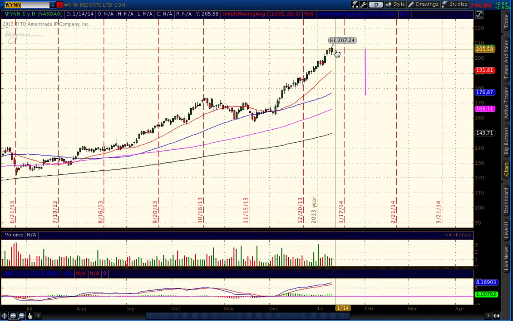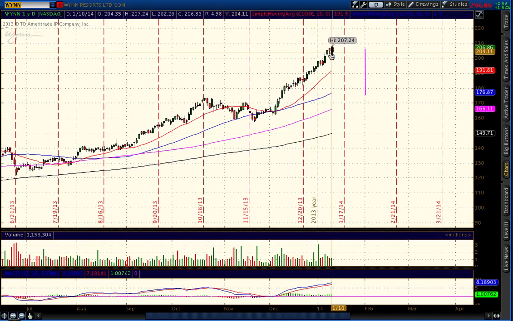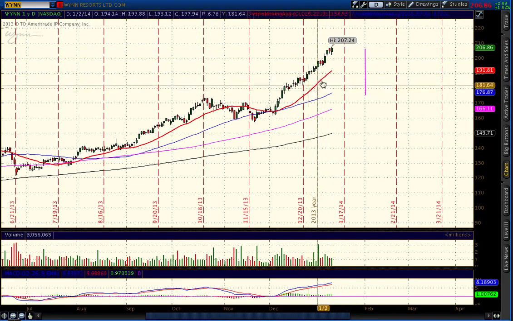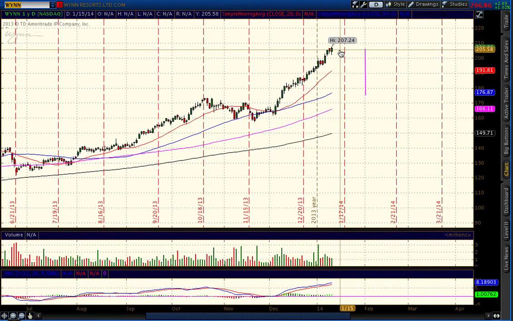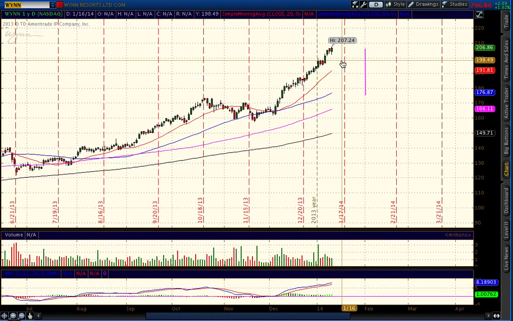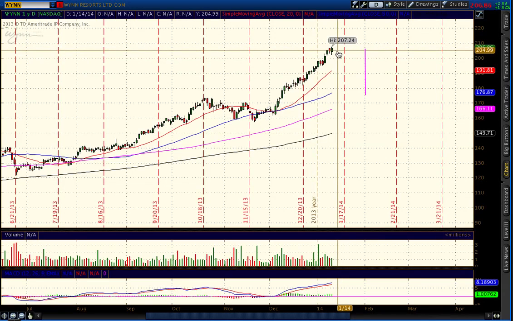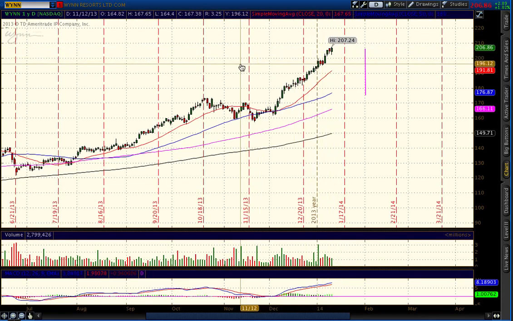But this is one of the most overbought stocks out there. Again, it's at all-time high, so it's really tough to short stocks at all-time highs unless you have some proprietary techniques that give you a high percentage trade. Again, they're not 100% trades by any means, but it's just to put the odds in your favor and to make lots of money if you can nail these tops.